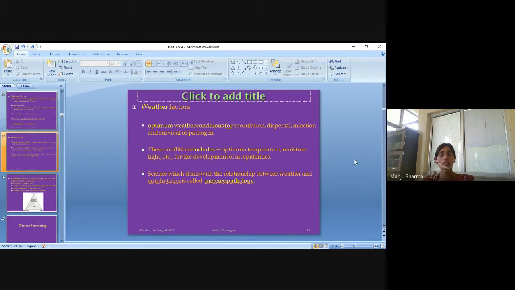These conditions include optimum temperature, moisture, light, etc. for the development of an epidemic. The science which deals with the relationship between weather and epiphytotics is called meteoropathology.